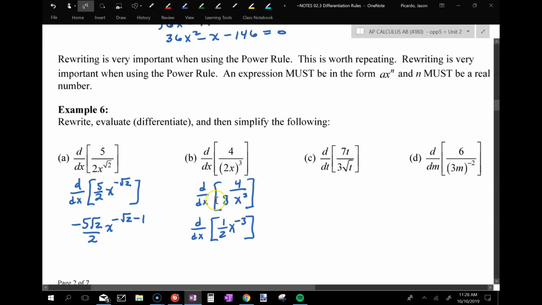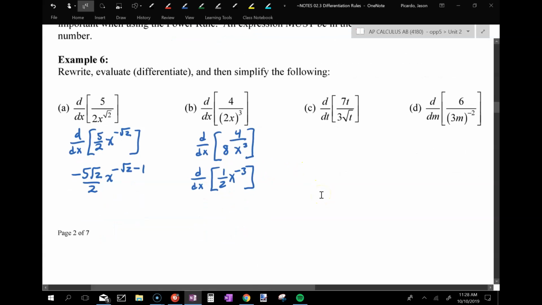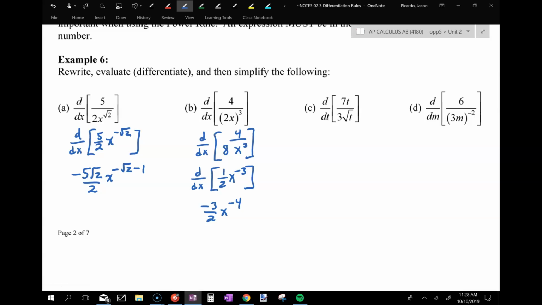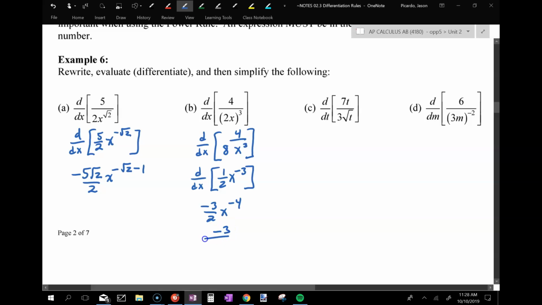And now taking a derivative is going to be pretty easy. Derivative, negative 3 over 2, x to the negative 4. But again, am I gonna see the answer like that? What's wrong with my answer? The negative exponent, right? You're not going to see that, guys. I mean, you're never going to see that written. You're going to see this, no doubt. Okay, no doubt about it.